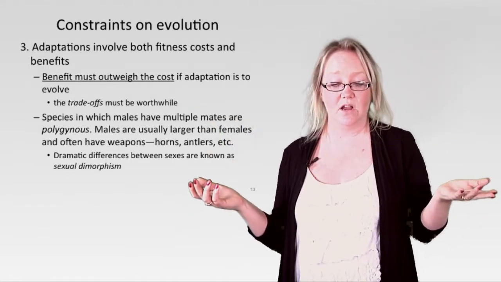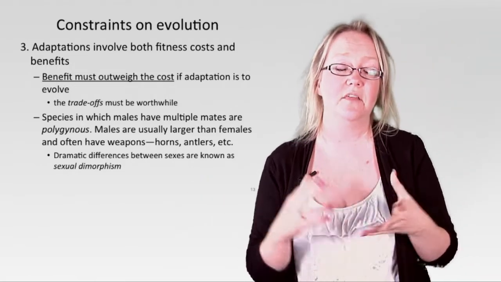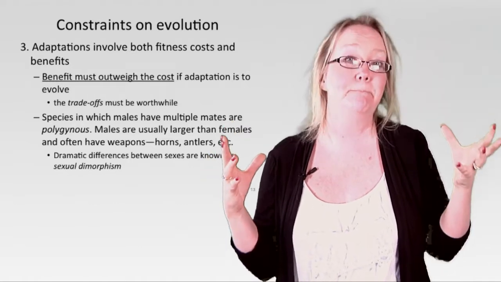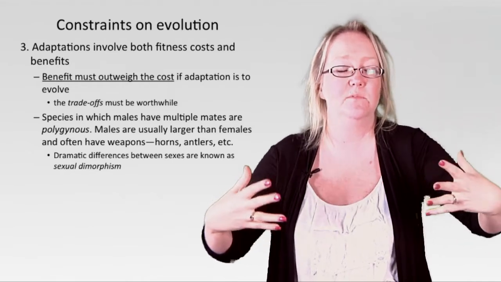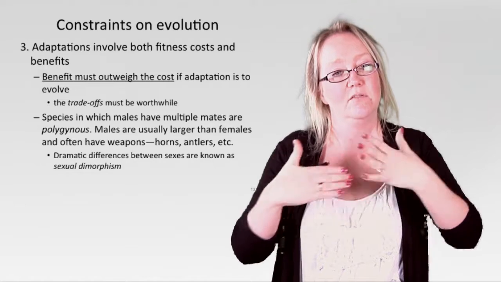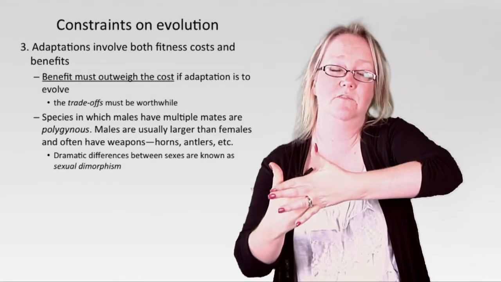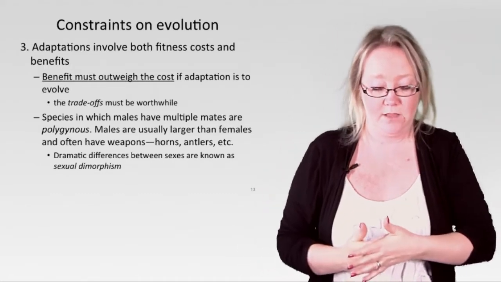Males are selected to be larger, and they often have weapons, horns, antlers, etc., things that are going to allow them to compete with fellow males better. So things that make them tough. Okay? Females don't need to have things like this generally, because generally females are not competing physically, at least. We're going to look at female-female competition, and they are competing, but they're competing differently.